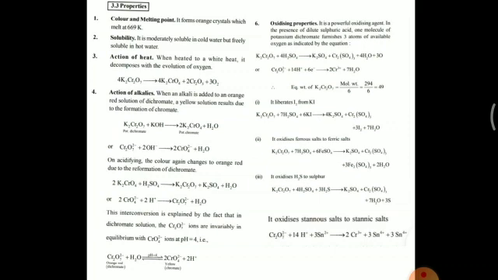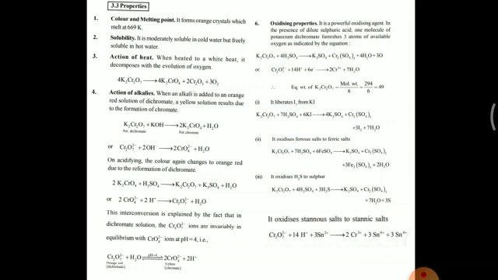Some of the oxidizing properties of potassium dichromate are, it oxidizes iodides to iodine. That is, it oxidizes potassium iodide to iodine.